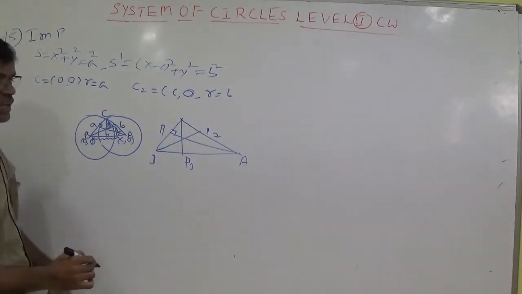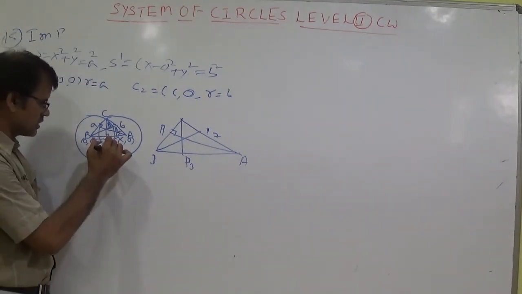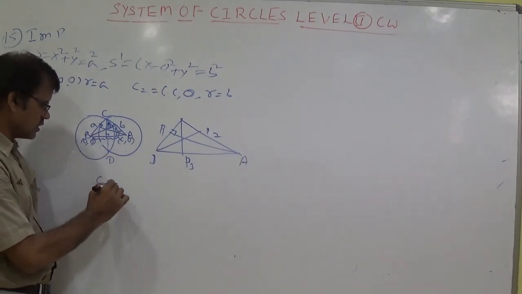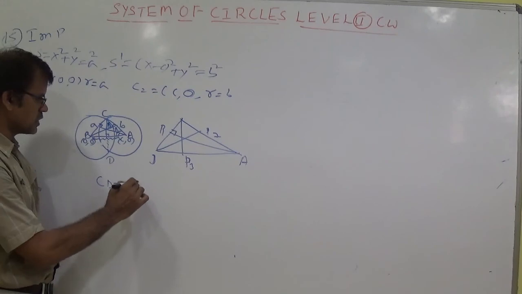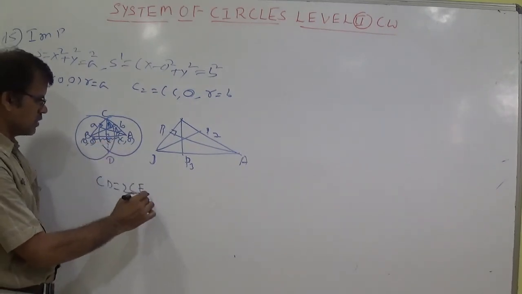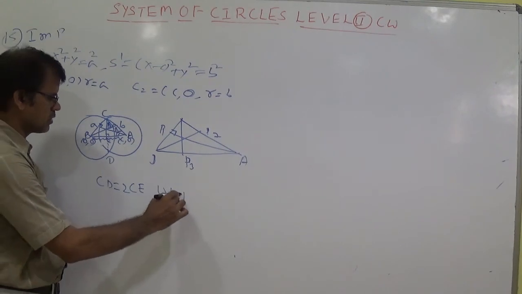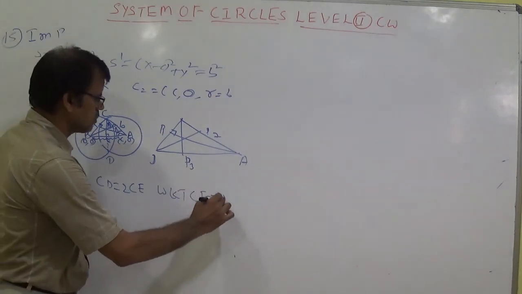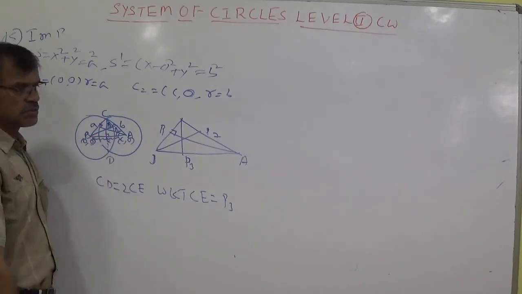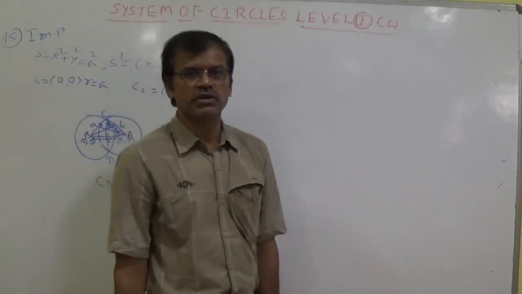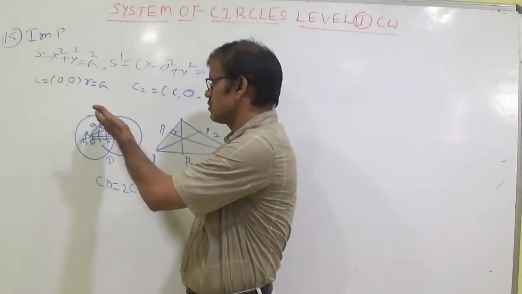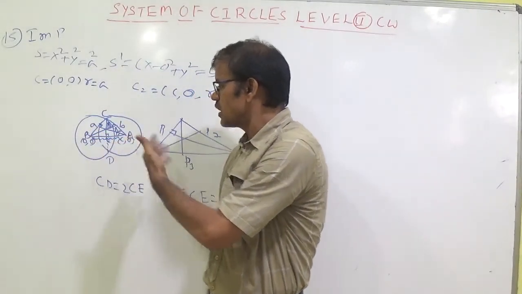What he is asking is the length of the common chord. Extend like this and put a D here. So CD is equal to 2CE, putting any point E. We know that CE is equal to P3, because the altitude is the perpendicular line segment drawn from the vertex to the opposite side. Here CE is the altitude.